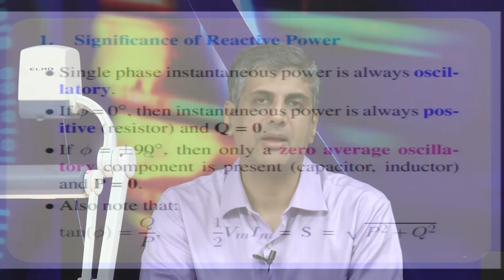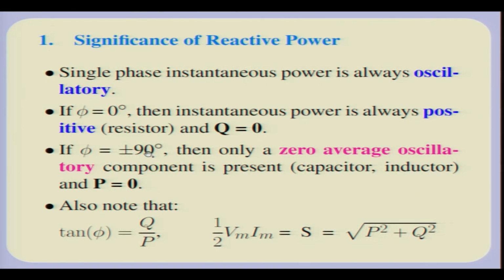But remember that Q is also sensitive to the sign of phi, so it can in fact tell you whether you are lagging or leading, because sin phi changes sign depending on phi. So, if you are in between phi equal to 0 and phi equal to plus or minus 90, in that case you will have both P and Q to be non-zero.